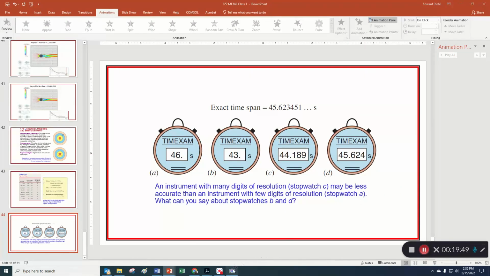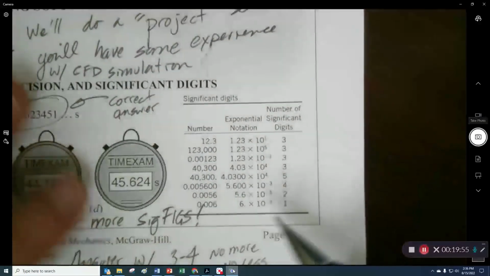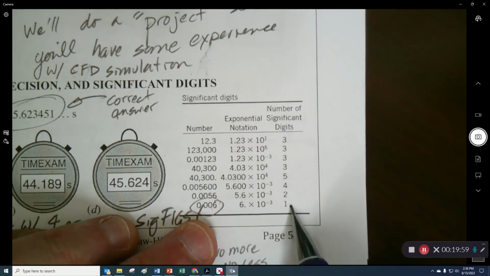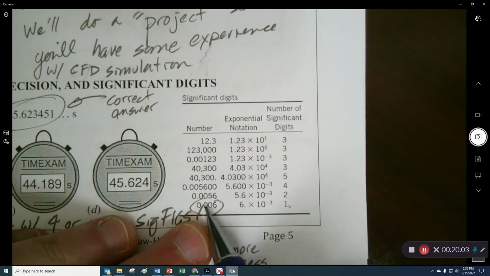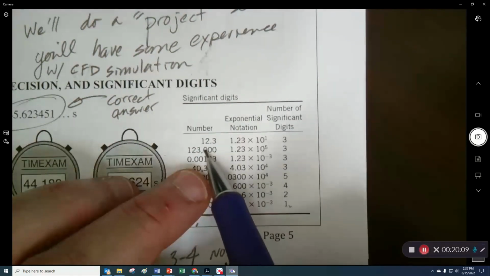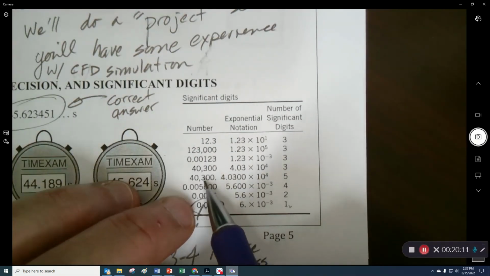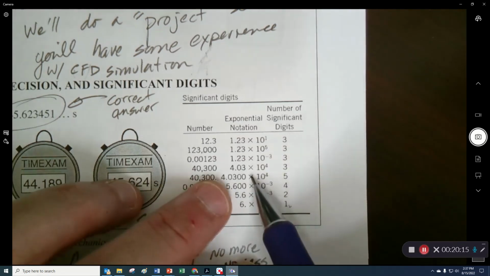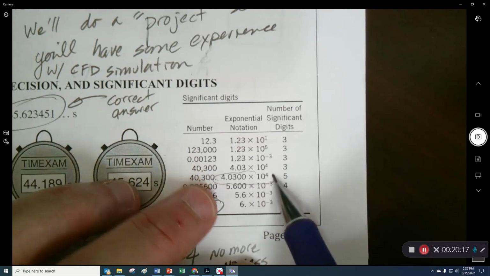And finally, there's this guy down here. I think he's really, really important, because sometimes there's a misunderstanding right here. This right here is only 1 sig fig. Just remember that, okay? These leading zeros don't give you sig figs, whereas trailing, well, this right here is definitely 5 sig figs.